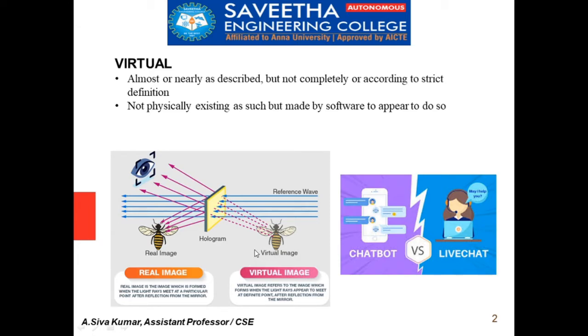And then here the images show how we are obtaining the view of a virtual image of a honeybee. We visualize it as the real one, but we are actually experiencing the virtual only. Here the view is made virtual by experiencing the actual image which you are viewing. So that's what the virtual meaning describes.